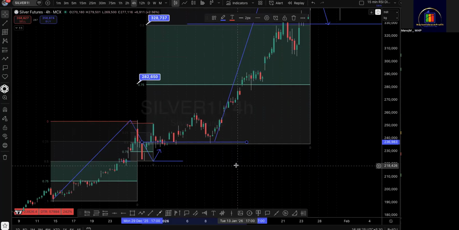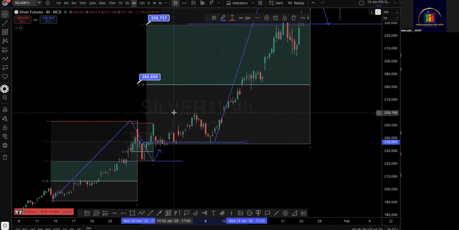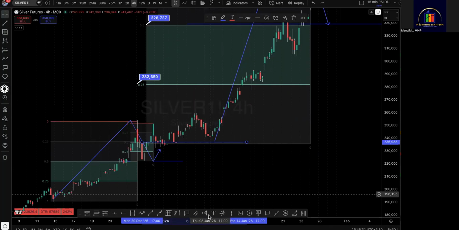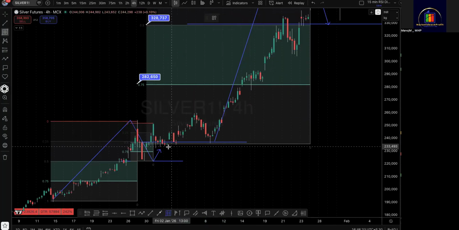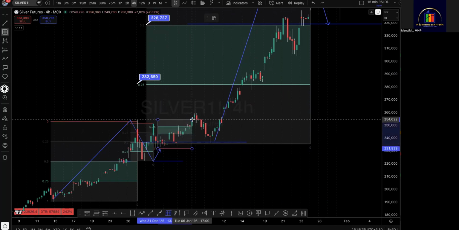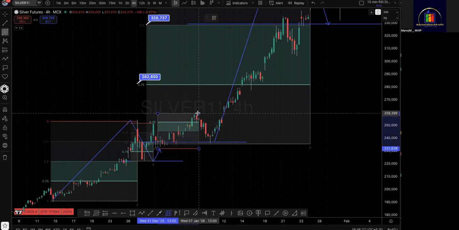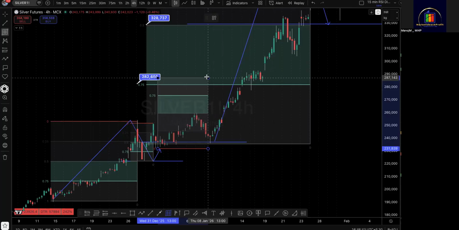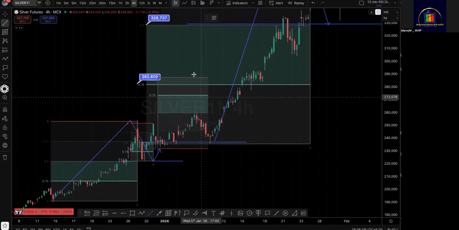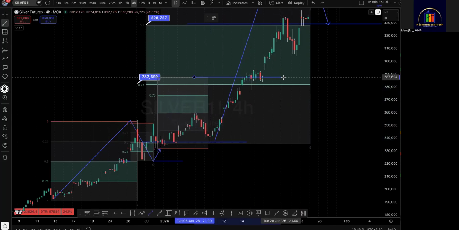Now, there's one more way to predict how much the move is going to be, by just getting to know the swing high. So if I've seen this swing high, and now that I know that this is a swing high, I can go ahead and move my tool to this point, and I can predict that the next move in silver would have been to this point.